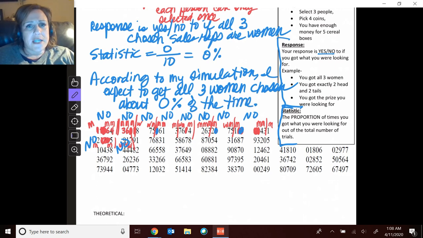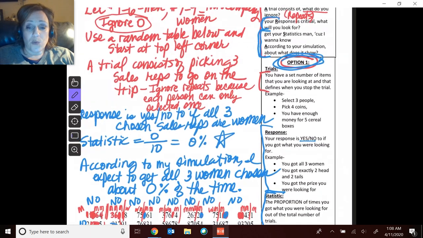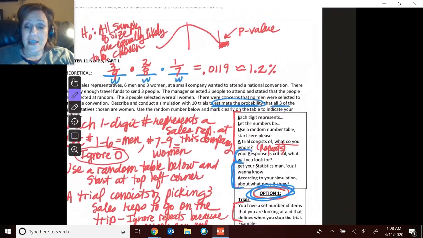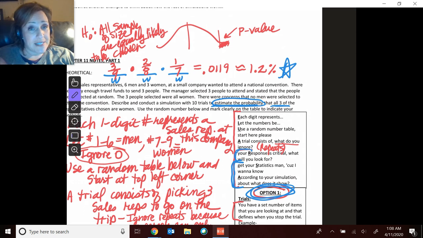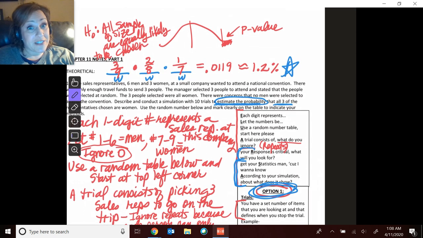With 10 trials, my answer could only be 0, 10, 20, 30, 40% of the time. And so what do you have to say about the results of this simulation and the theoretical amount up here that we anticipated? That's as close as I could have gotten. In fact, if we did many, many more trials, that cumulative probability would settle down to that 1.2%.